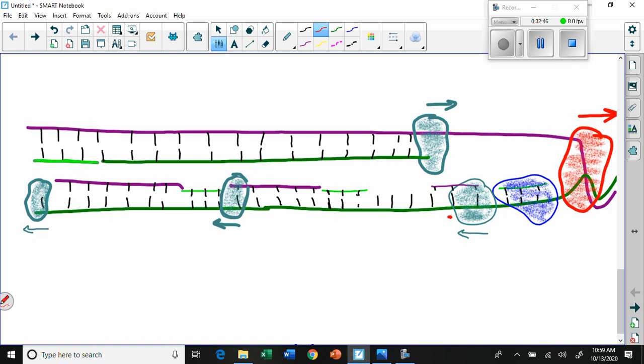This guy is going to move this way until he stops right here at the last piece of primer. And so he'll fill that in as well. So the end result is you've got a top piece that looks perfect and a bottom piece that is all messed up. So we'll stop this video because we're out of time, and we'll continue the process with how we fix this bottom piece, which looks all chopped up with bits of RNA in it, okay?